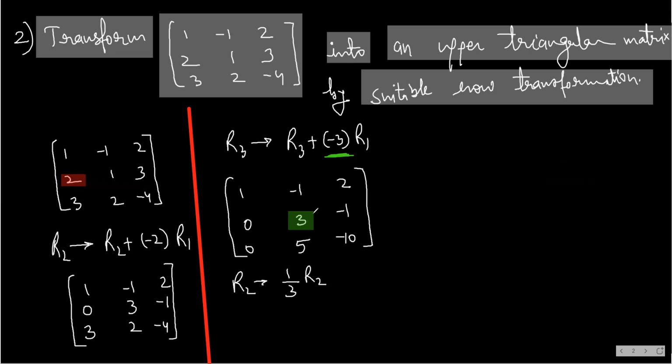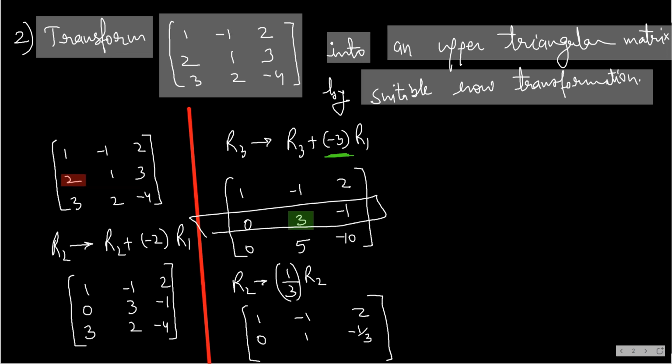I will get here 1 minus 1, 2, 0, 1 minus 1 by 3. I'm multiplying 1 by 3 to the elements of R2. And 0, 5 minus 10.